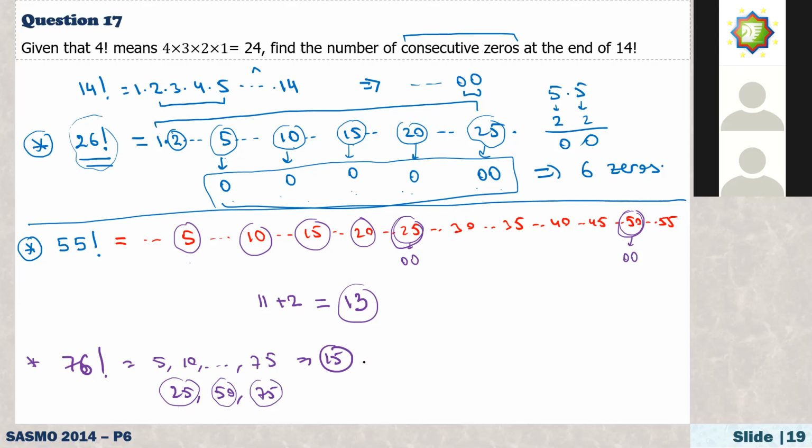Right? 2 zeros. Is it 16? 18? How many? 18. Yes, because here the powers of 5, we have 25, 50, and 75. These numbers have 2 zeros, right? And that's why it is 18.